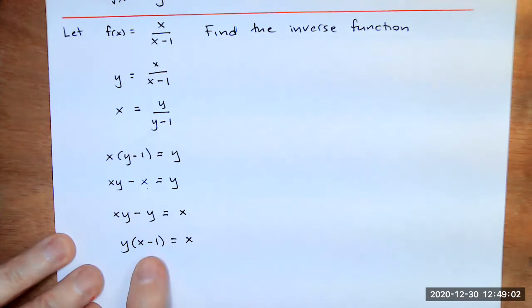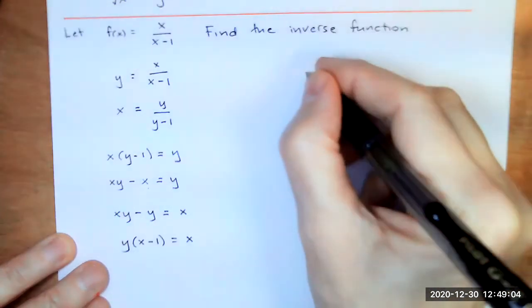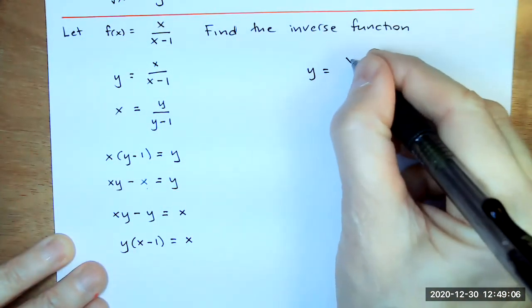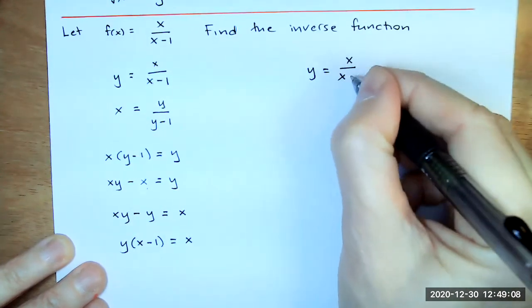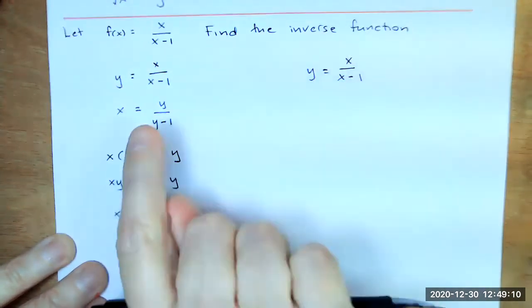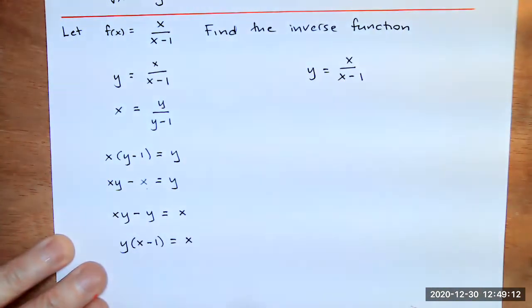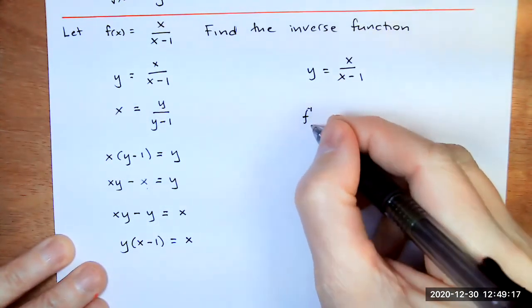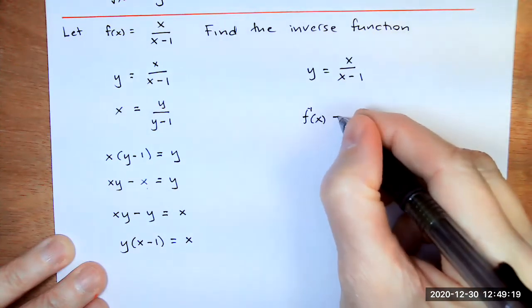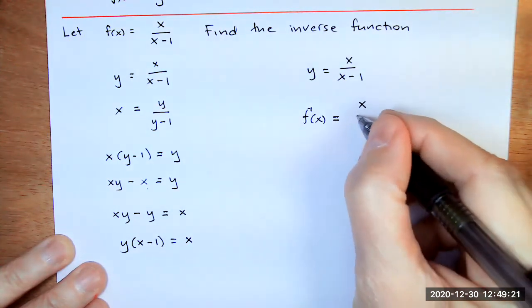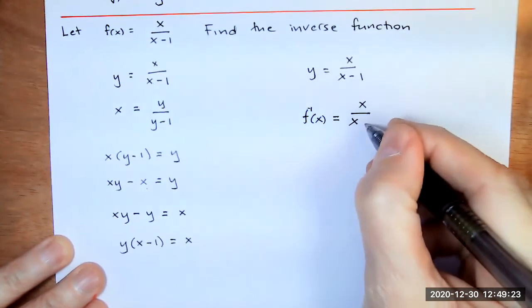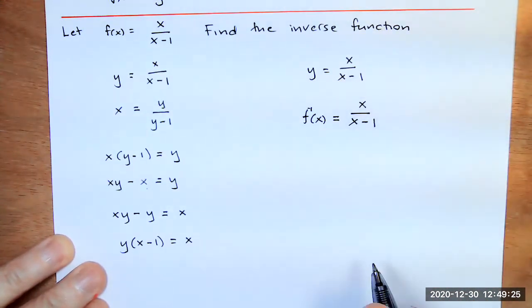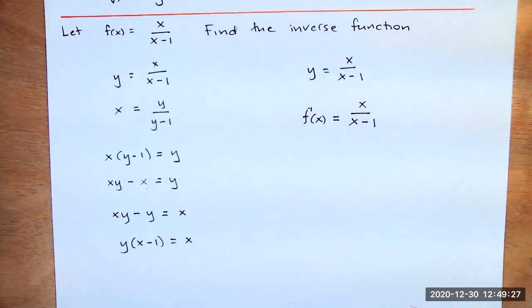And then divide both sides by x minus 1. And you might have noticed something strange. It turns out that this function is its own inverse. There's a few functions like that.